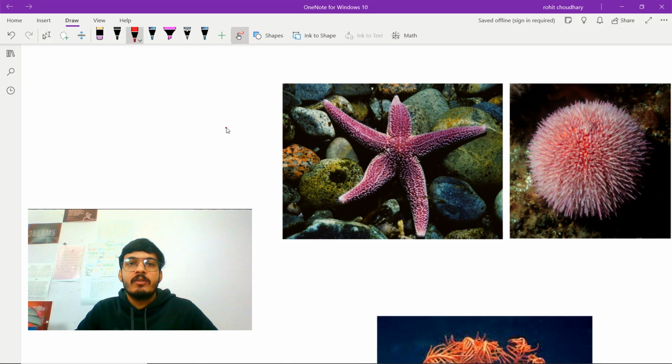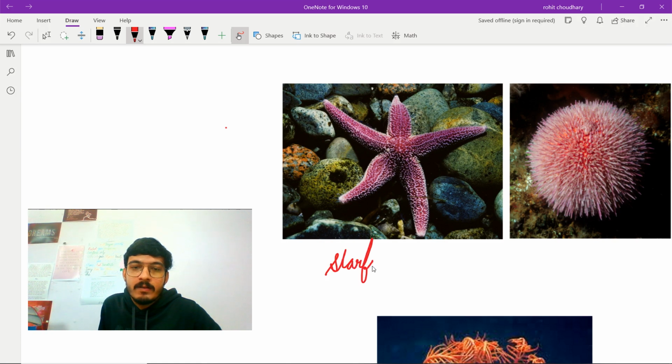Now let's have a look at the pictures of the examples that we have studied just now. The first one is starfish, and the scientific or the zoological name is Asterias.